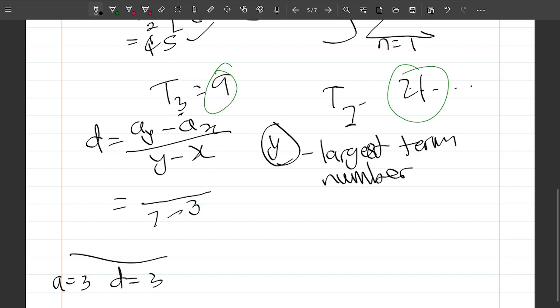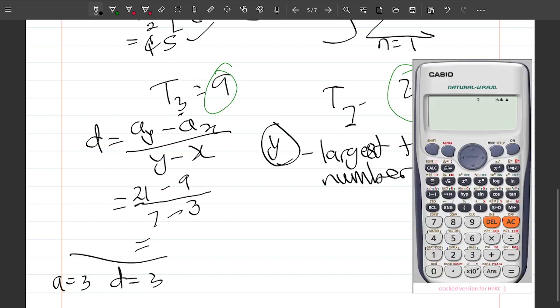Like so. Then y is 7, and clearly then ay has to be the value of that, which is just 21, minus the other one, which would be the ax, which is just 9. Then we simplify this whole chunk, and we'll let the calculator do this for us.